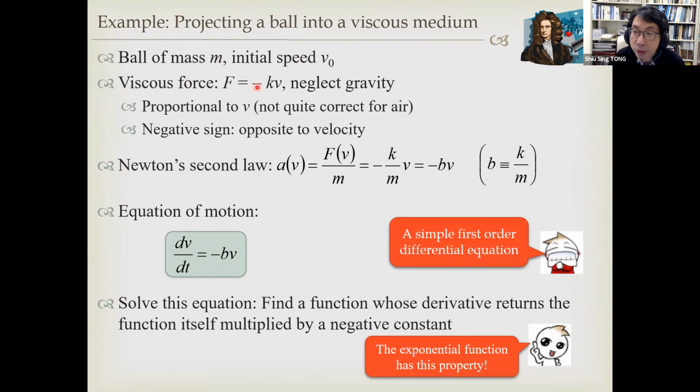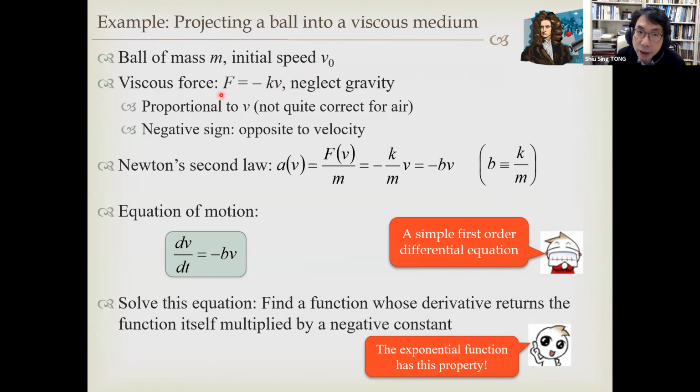The medium exerts a force to resist the motion. We neglect gravity here for the sake of simplicity. We can imagine that this is happening in deep space where gravity is not present, or the phenomenon is happening so fast, the velocity is so large, that the effect of gravity is not important.